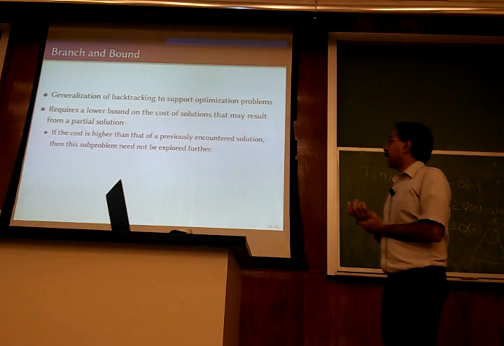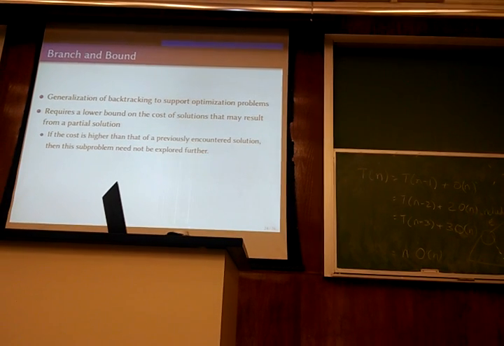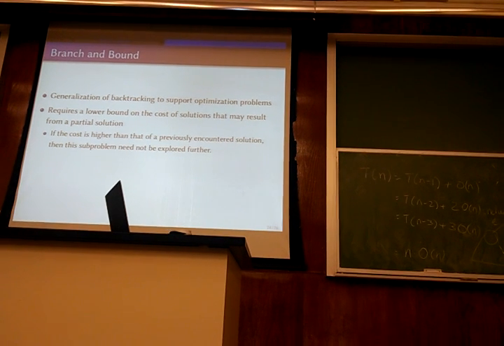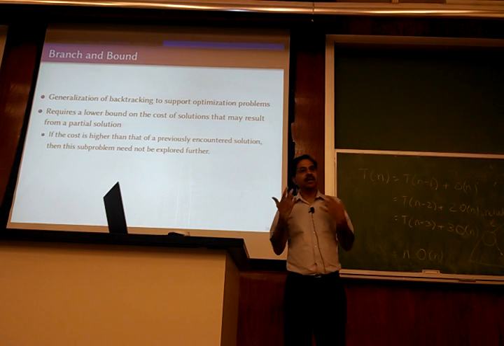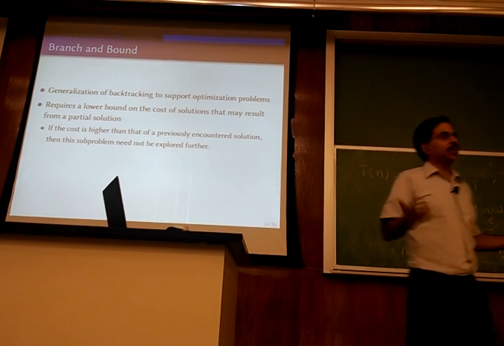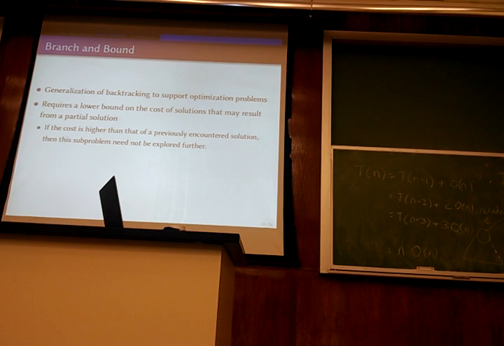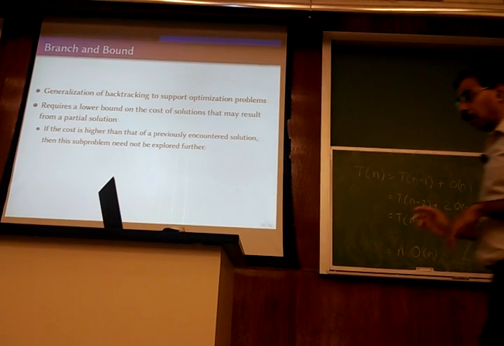Okay? So branch and bound is a class of algorithms where you are working with some sort of a bound on how good the solution is, and whenever you go to a part of the search tree where good enough solutions don't exist, you're not going to spend time searching that subspace anymore.